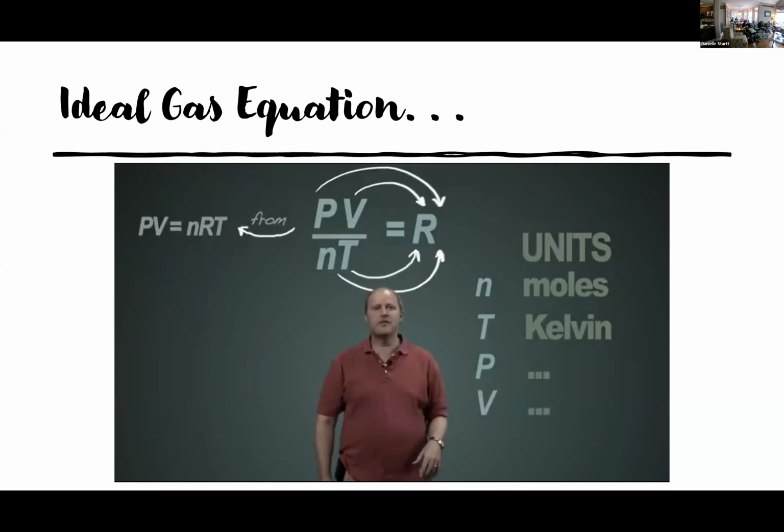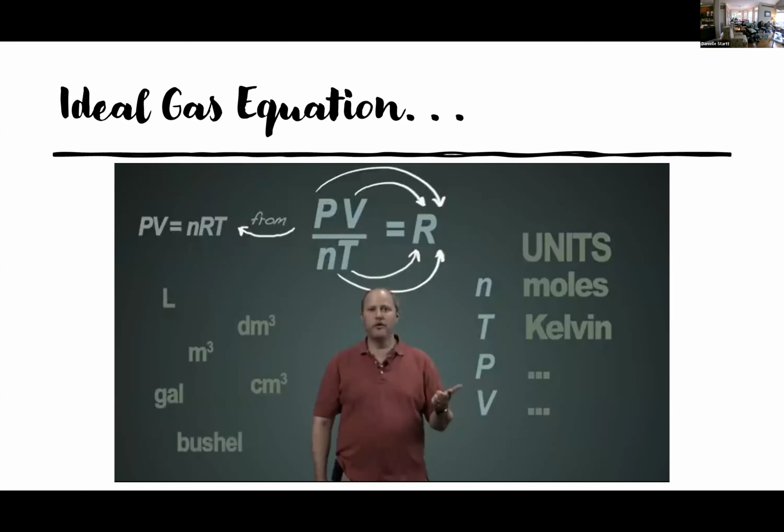For pressures, we have atmospheres, bars, torr, millimeters of mercury, pounds per square inch, and other crazy ones we can dream up. Volume is almost always in liters, but it could be cubic decimeters, cubic meters, cubic centimeters, or even gallons or bushels or other absurd units.